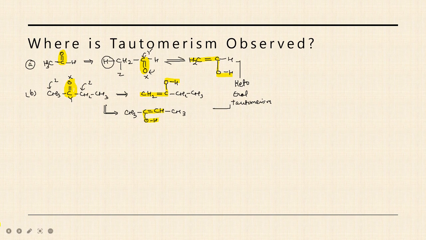Okay, what are some other examples of tautomerism? Tautomerism is observed in some other cases as well, so let's look at these examples.